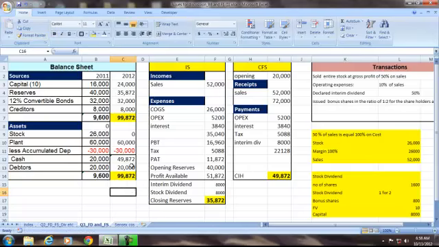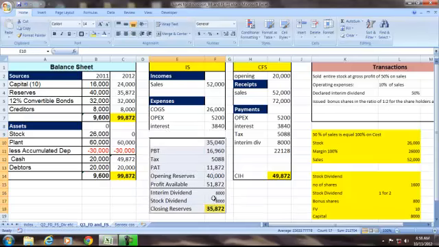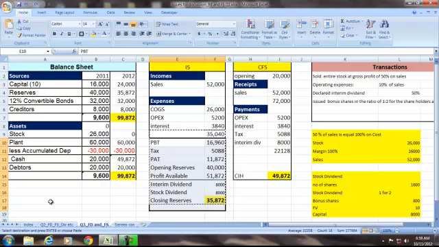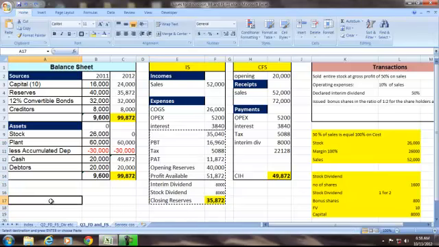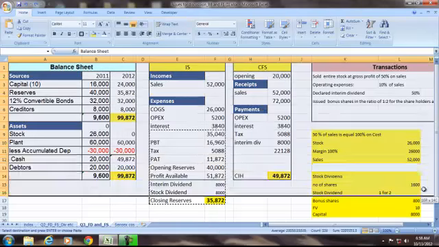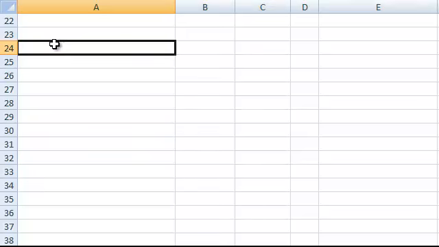Suppose we realize that we have not shown depreciation, and in case we want to do that, we can also show it now as an expense, and let us examine the effect of the depreciation on the profits. Let us copy this and take it here.